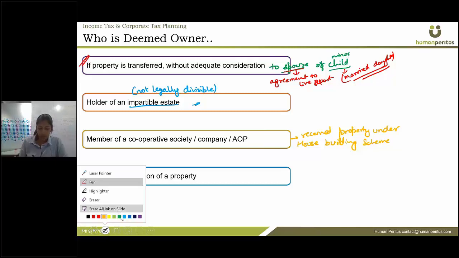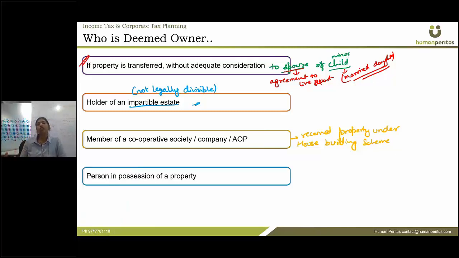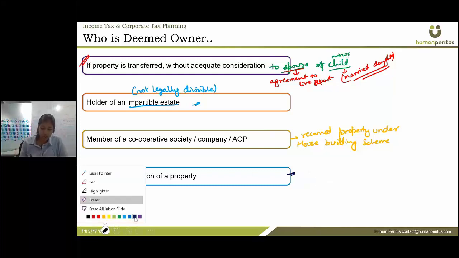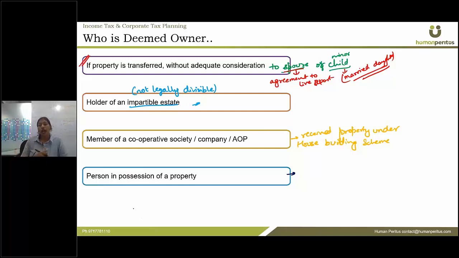Alright. Next is a person in possession of a property. A person in possession of a property means that the person has bought the property, taken possession, and made the payment, but till now he has not become the owner in the documents, though he is living there and has made the payment.